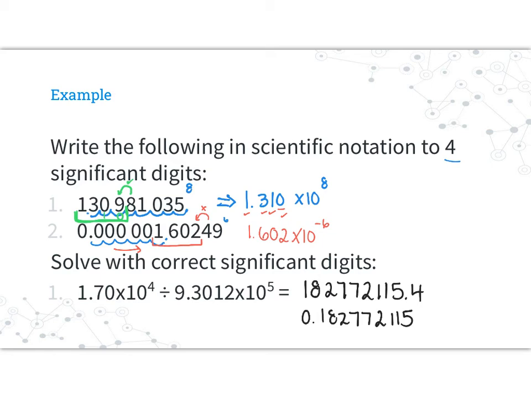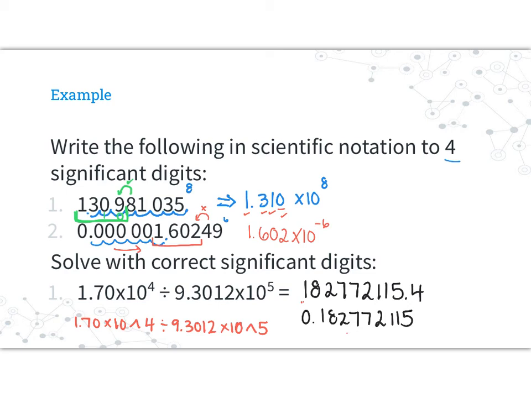Well, I would ask you, how did you get your answer? Those of you that gave me this first value would have put this into your calculator as 1.70 times 10 to the hat 4 divided by 9.3012 times 10 to the hat 5.